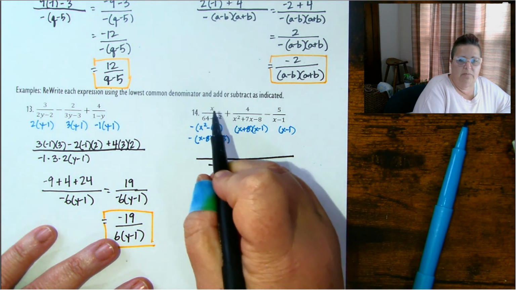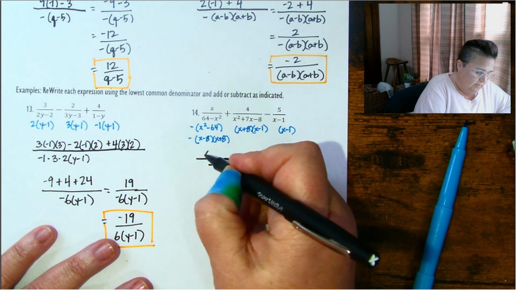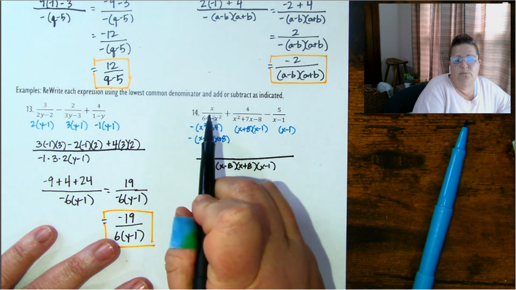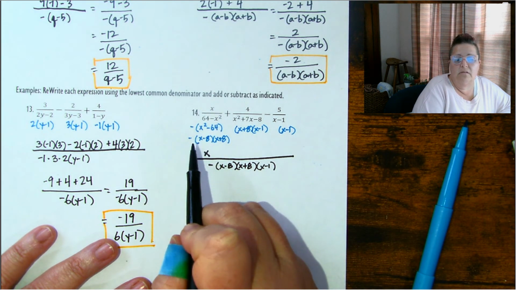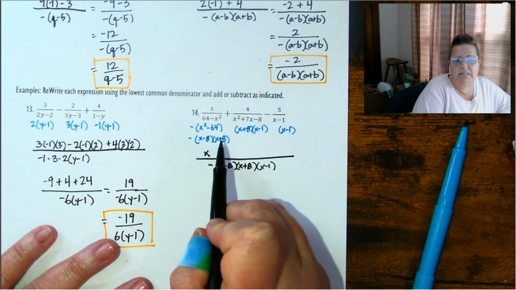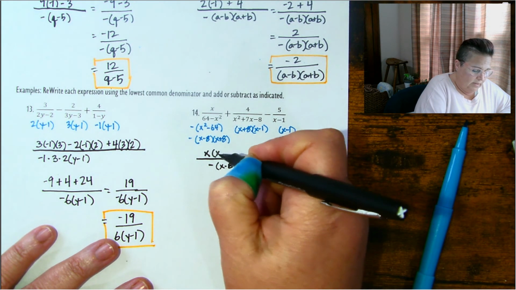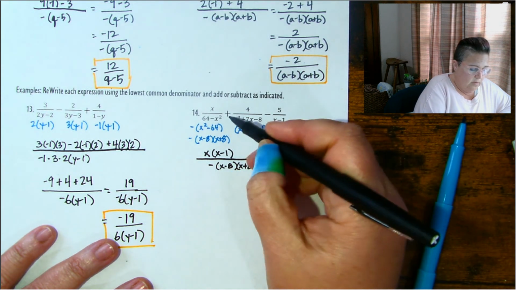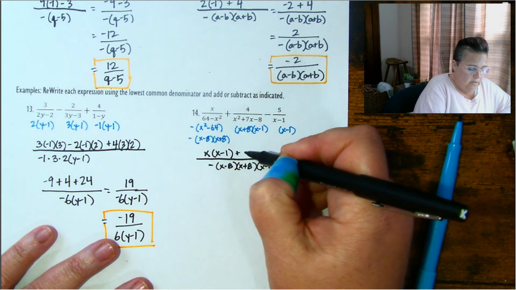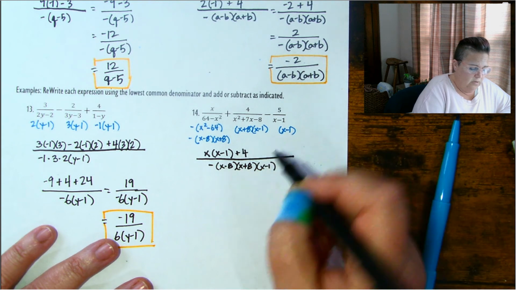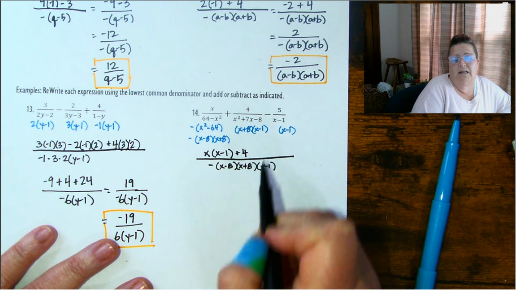Then I need to come up and look at my first numerator, which was x. Do I need to multiply this by anything? Well, I've done the negative and I've done the x minus 8, x plus 8. I don't have the x minus 1. So I'm going to multiply this by x minus 1. The plus that was there and the 4 in the next numerator, which was x plus 8, x minus 1.